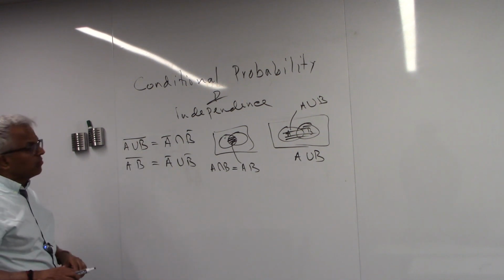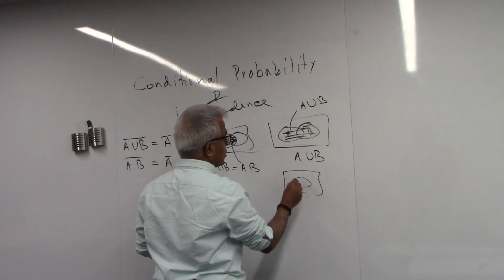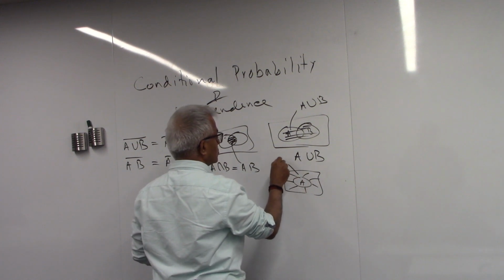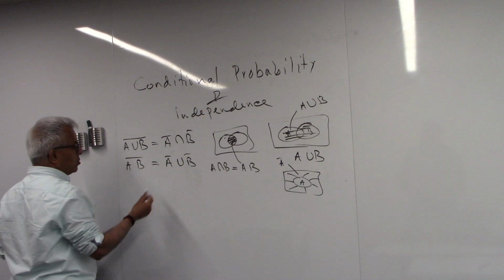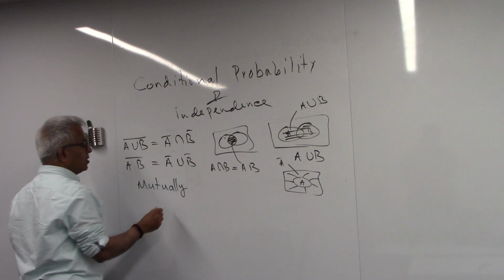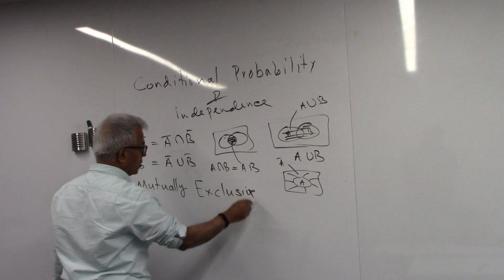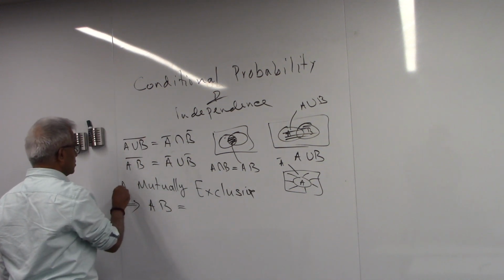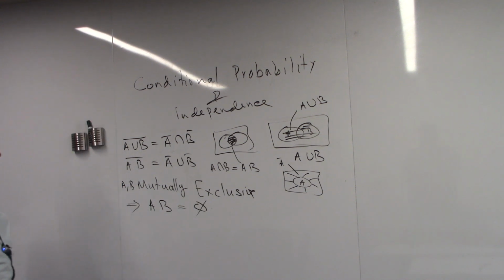And A complement is, of course, all the elements outside A. So if this is A, then A complement is everything outside A. The notion of mutual exclusiveness means that A and B have nothing in common. So we say A and B are mutually exclusive if A intersection B is the null set.